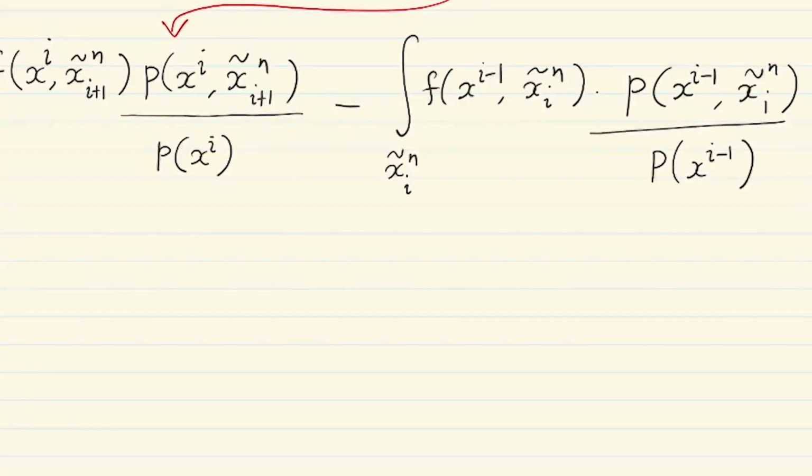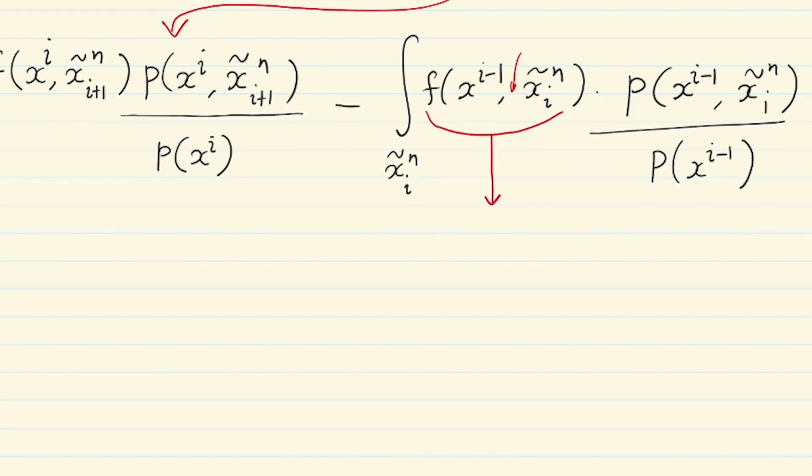Now let's observe this term here. The immediate next element after x superscript i minus 1 is x tilde i, and if you were to replace that x tilde i with x_i, this particular x_i here, then we know by the bounded differences property that the function cannot change by more than c_i.